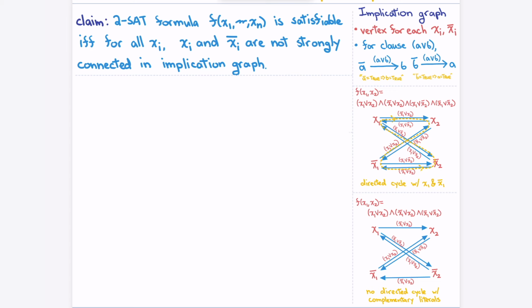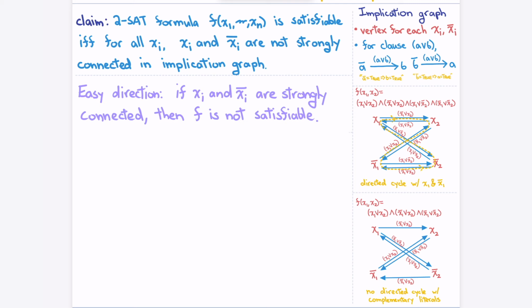If the formula is satisfiable, then xi and xi bar are not in the same strongly connected component for any i. If xi and xi bar are in the same strongly connected component, we know it can't be satisfied. So if F is satisfiable, then for all i, xi and xi bar are not in the same strongly connected component. It's a contrapositive.